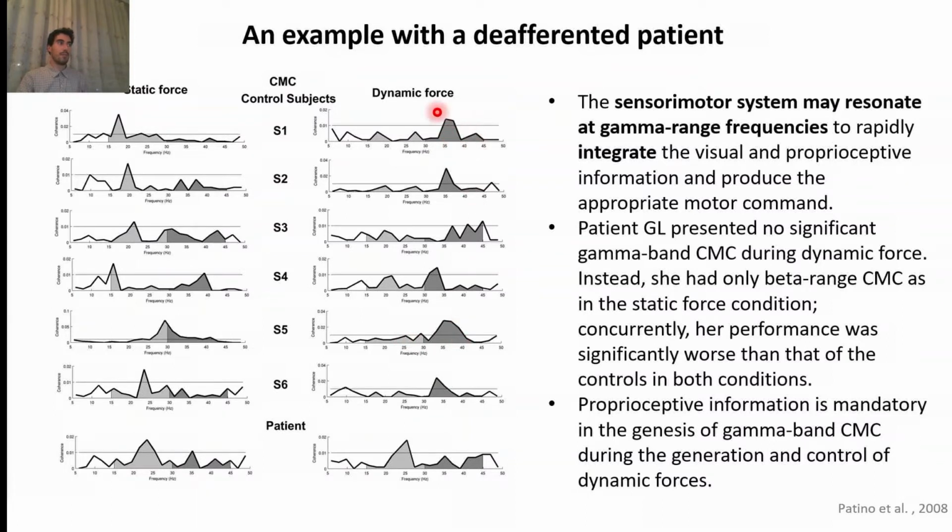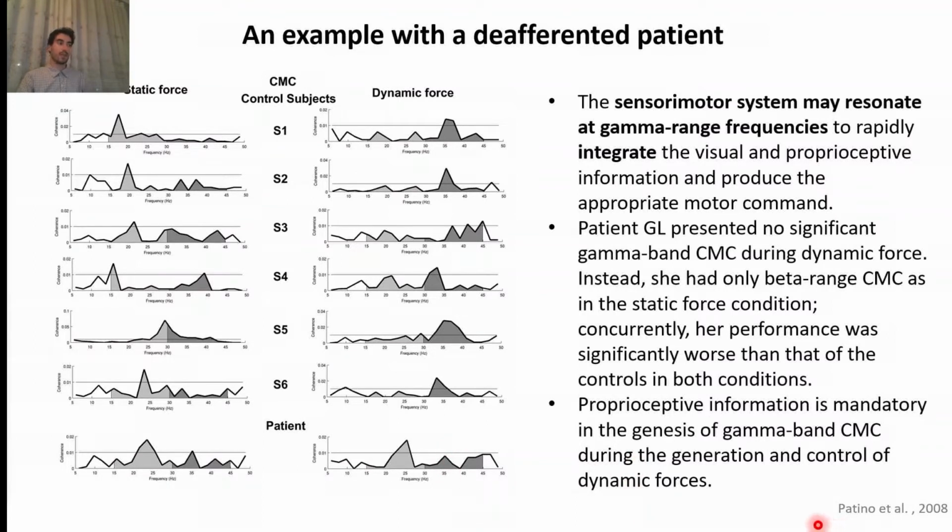So this is gamma and this is beta bands. And the patient instead presented no significant gamma band CMC during dynamic force, but only beta range CMC, as in the static force conditions. So we might say that with cortico-muscular coherence, we are able to discriminate afferented normal subjects versus a deafferented patient.